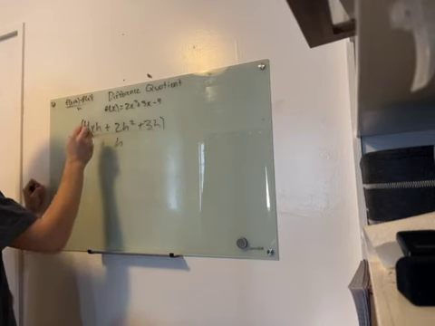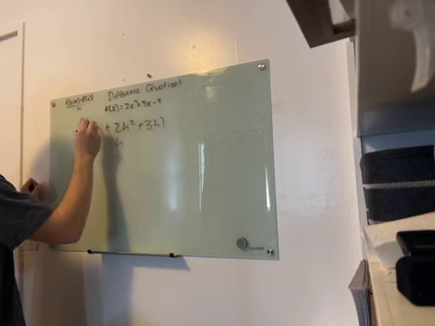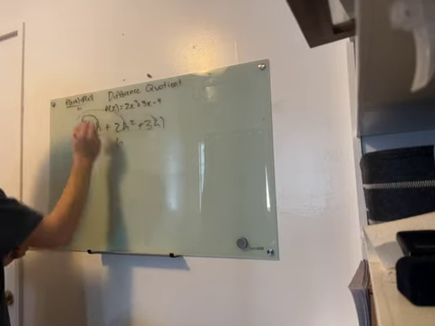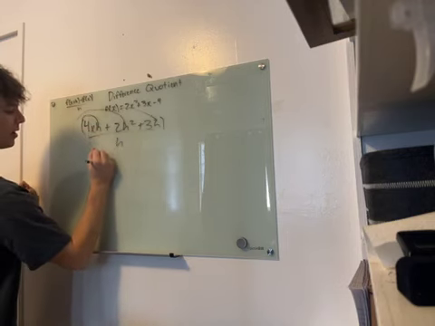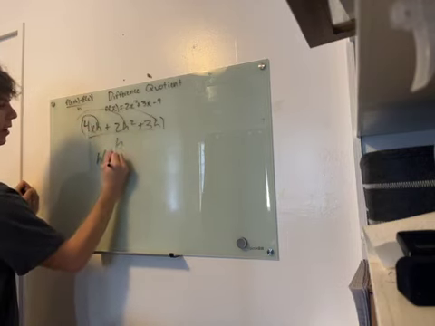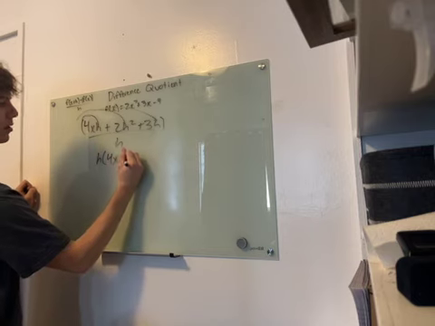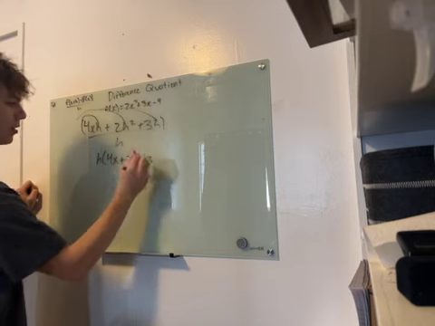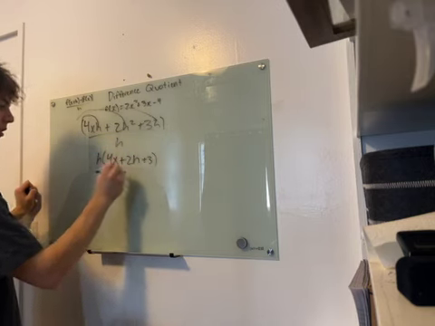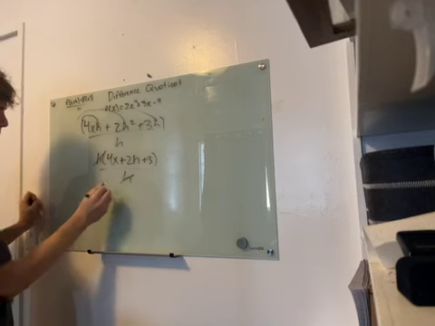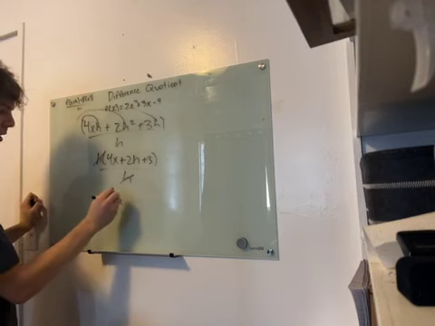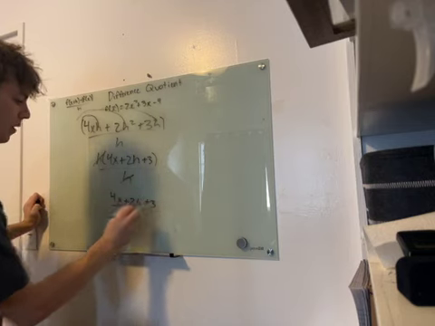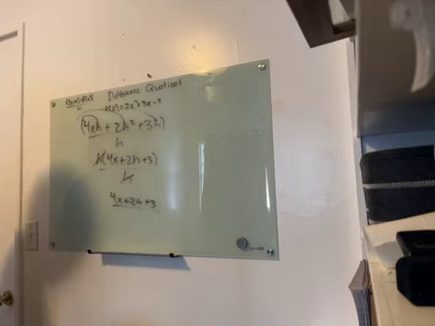So when we take out an h from each term, we have h on the outside, times 4x plus 2h plus 3, over h, and then this h can be divided out, and we are left with 4x plus 2h plus 3. And that is our difference quotient.